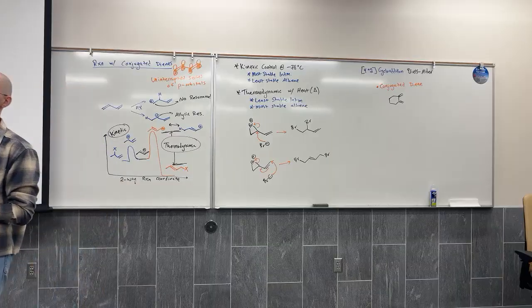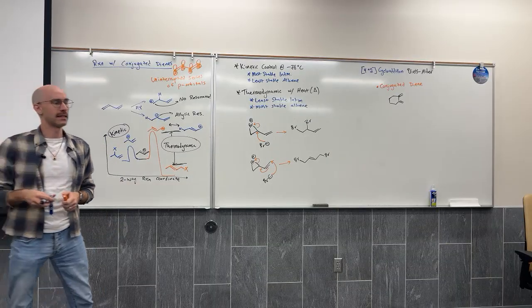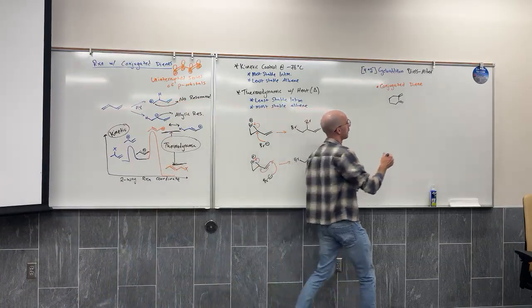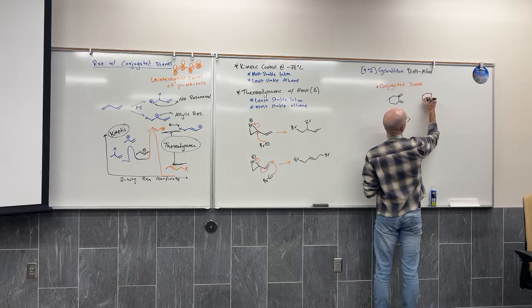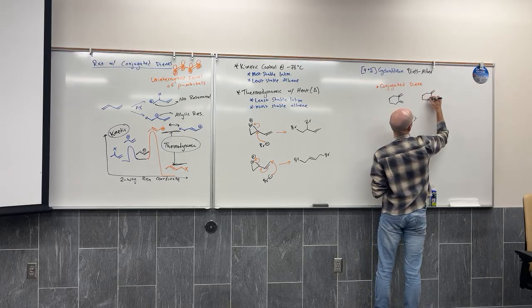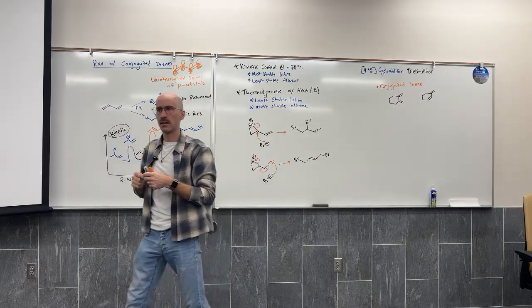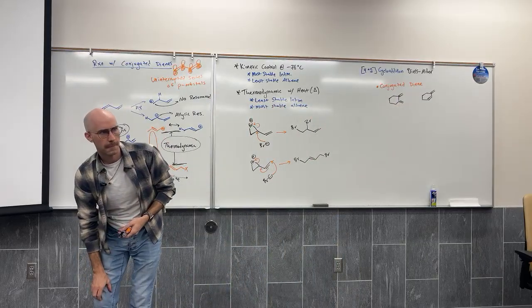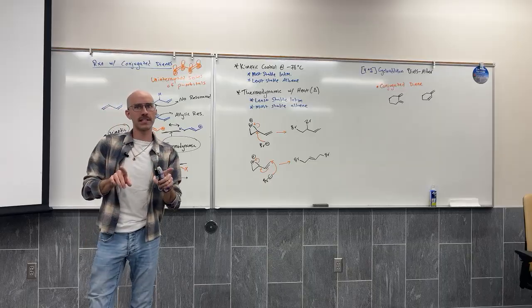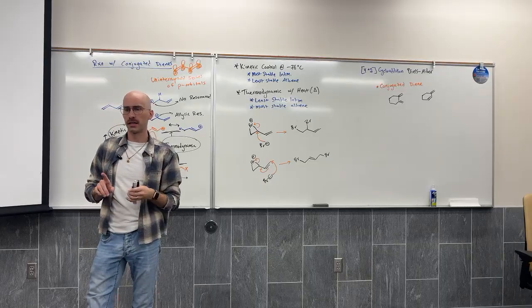This is called 1,2-dimethylene cyclohexane. And then I want you to compare that to this conjugated diene. The orientation of the two pi bonds is different.